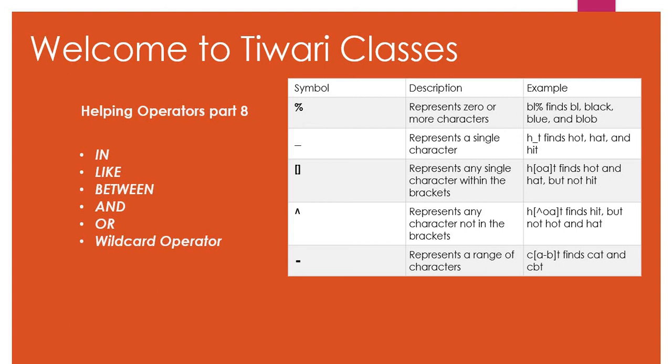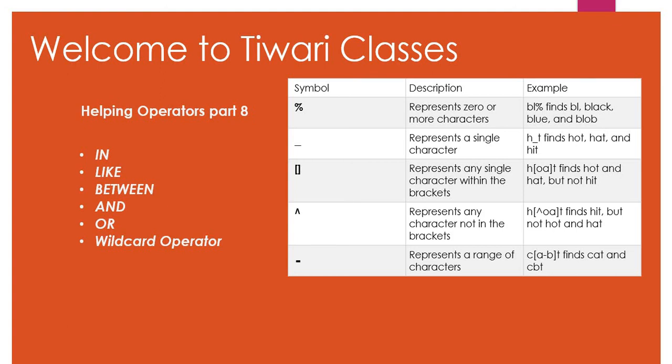And another you have range. So you can define that the value is from A to C or 1 to 10 or like that. Next we have seen AND and OR. In AND, both the conditions should match together, not single. If one is matching, another is matching, but together they are not matching, no record will be displayed.